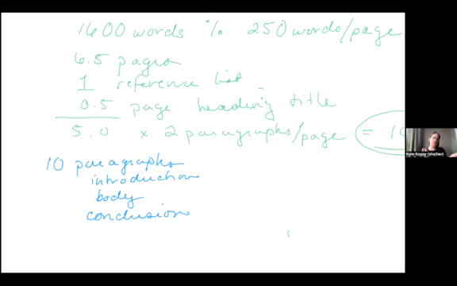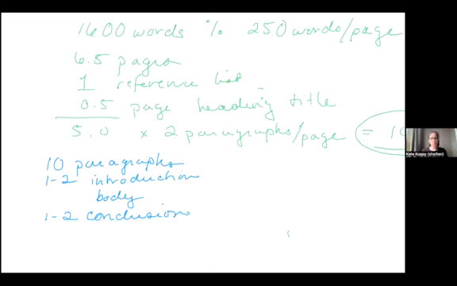But when we get into this longer form of 1,600 words or more, those sections of the paper, the introduction and the conclusion, might grow a little bit. So you might have 2 paragraphs of introduction and you might have 2 paragraphs of conclusion. It's still a little variable though. So I'm going to go ahead and list here 1 to 2 paragraphs for introduction and 1 to 2 paragraphs for conclusion.